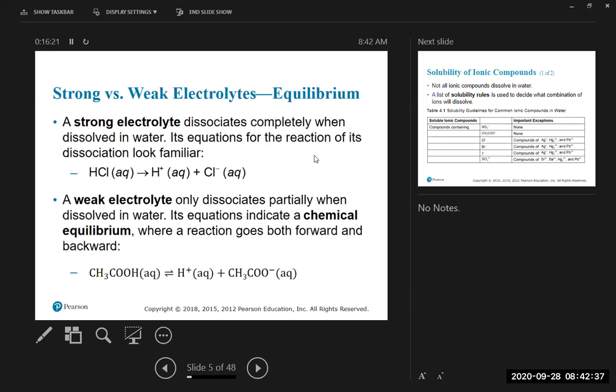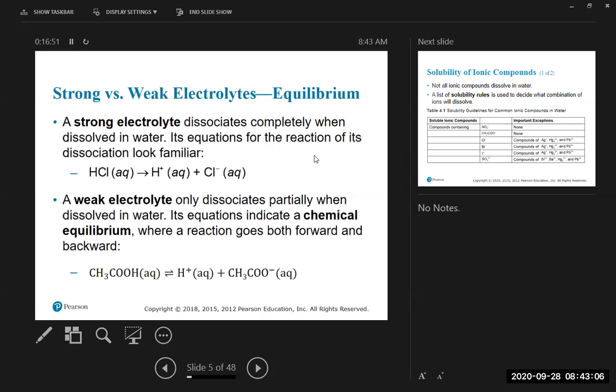We have an arrow going to the hydrogen ion, acetate ion side, but there's an arrow going back to the acetic acid side. What that tells us is that if we took some acetic acid and put it into water and analyzed what was in there, we would find acetic acid molecules, hydrogen ions, and acetate ions. We'd find them all.